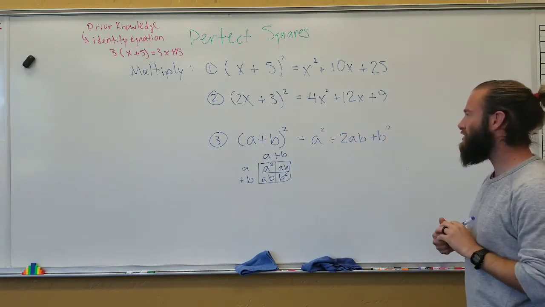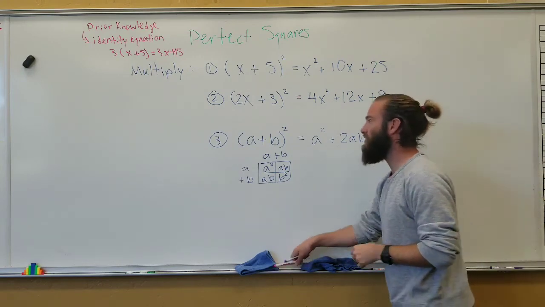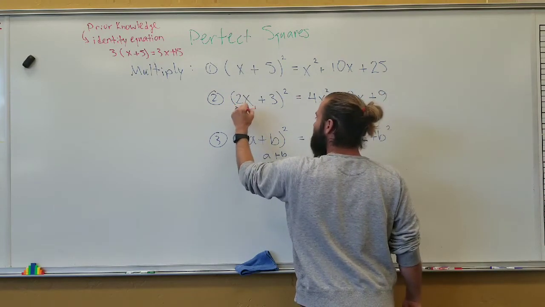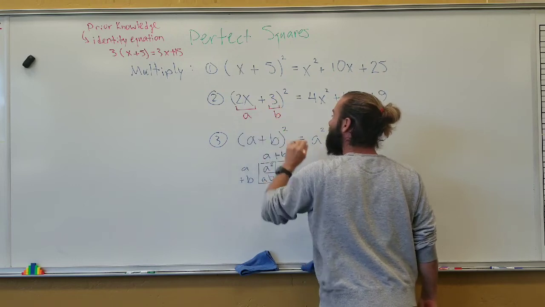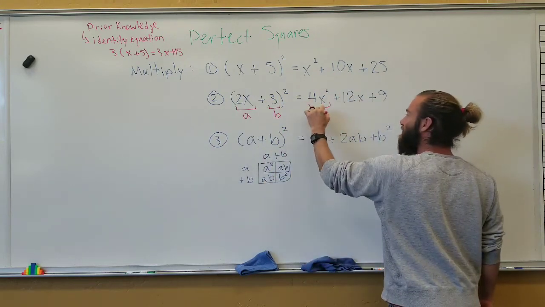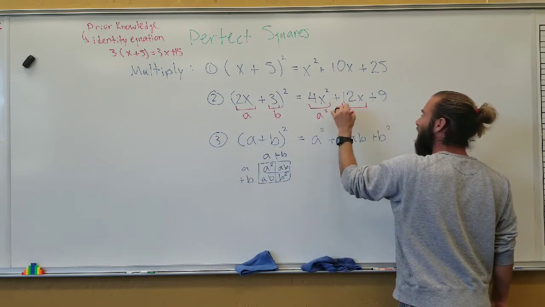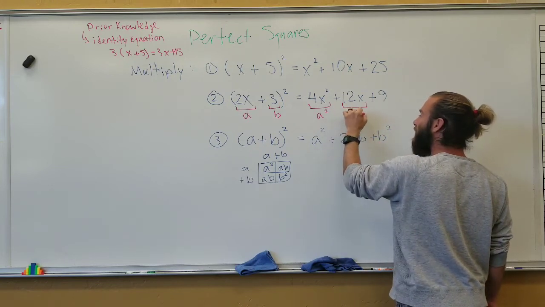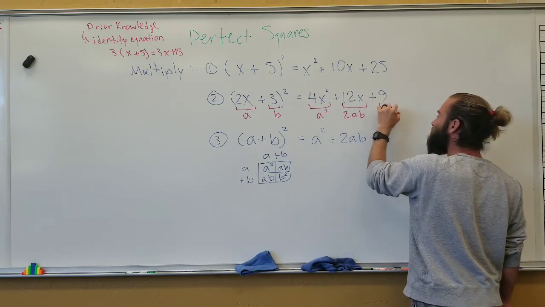And this actually turns out to be really helpful because if you notice this, this is like my A and my B. So if I have A squared, and then I have 2AB, and then here's my B squared.